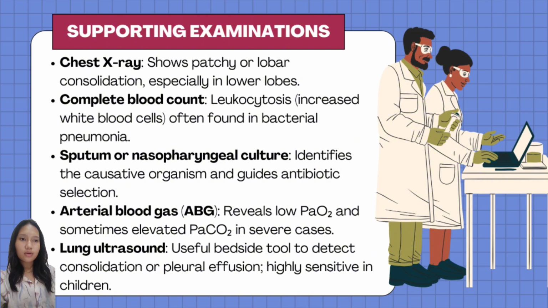Fourth, arterial blood gas, or ABG, reveals low PaO2 and sometimes elevated PaCO2 in several cases. And the last is lung ultrasound, a useful bedside tool to detect consolidation or pleural effusion, highly sensitive in children.